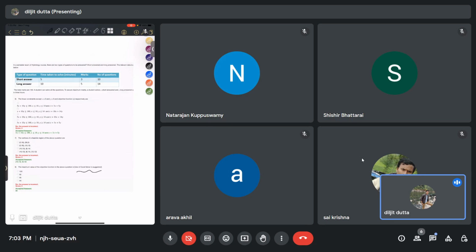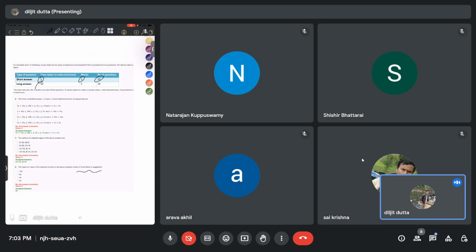Okay. So how do we frame the equations? The question is, in a semester exam of a hydrology course, there are two types of questions to be answered: short answer and long answer. Relevant data is given below. For the short answer, the time taken to solve each question is 5 minutes, marks is 3, and the number of questions is 10.